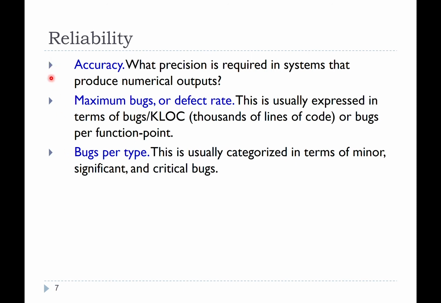Another aspect of reliability is accuracy. Sometimes the actual truth is out there, but it's hard for us to create software that shows the accurate results, the real truth itself. So it's going to show us results that should be close to what the reality is.